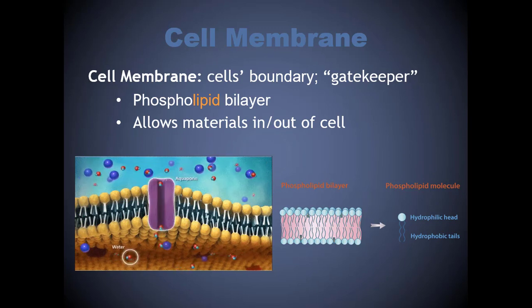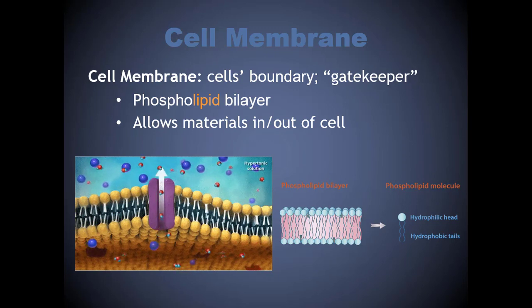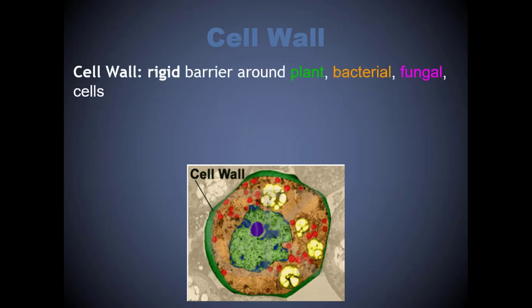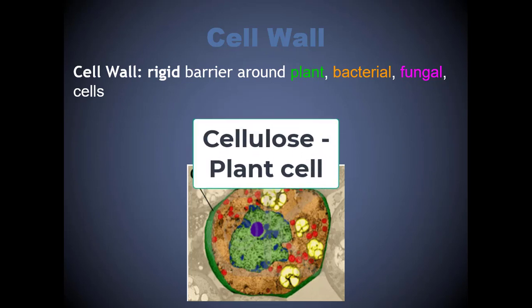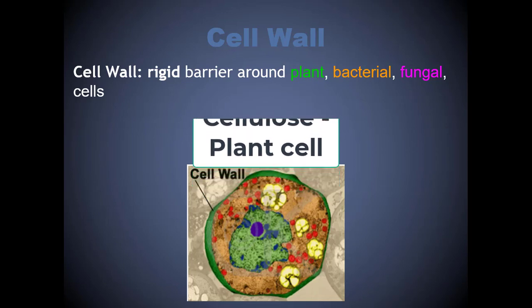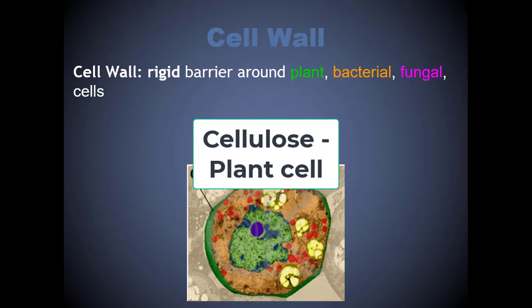Alright, so we move on to the cell wall. This is the rigid barrier around plant, bacterial and fungal cells. So it's not only in plant cells that we have a cell wall. Bacteria do have it, and fungi have it too, and they are all made up of different materials. Usually in plants we say that it is a cellulose cell wall, because the polysaccharide cellulose forms a major part of it.